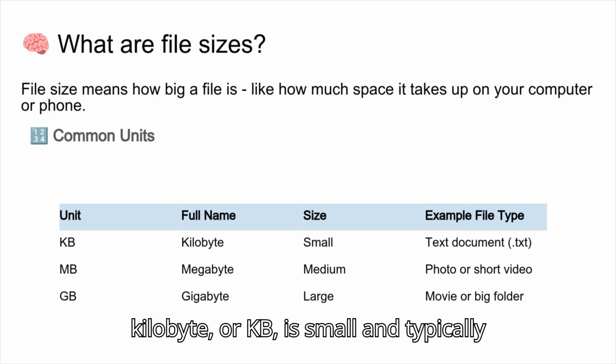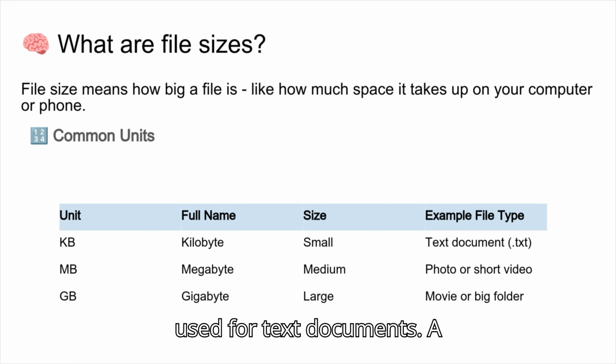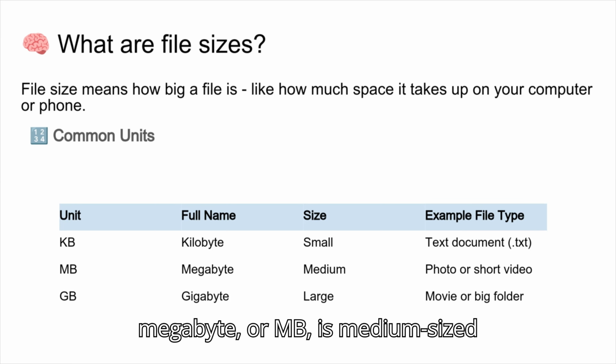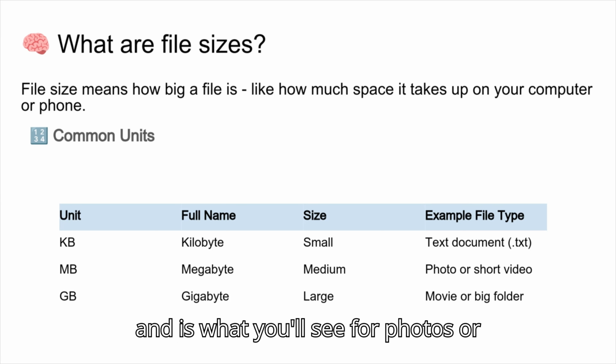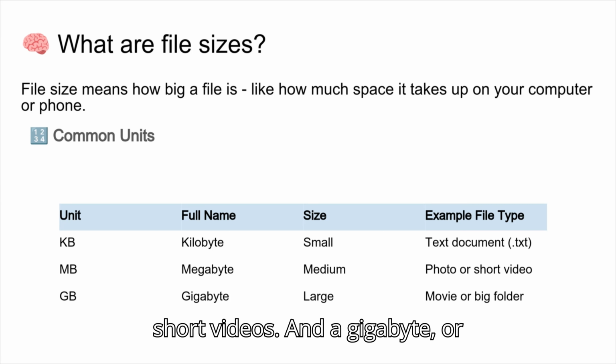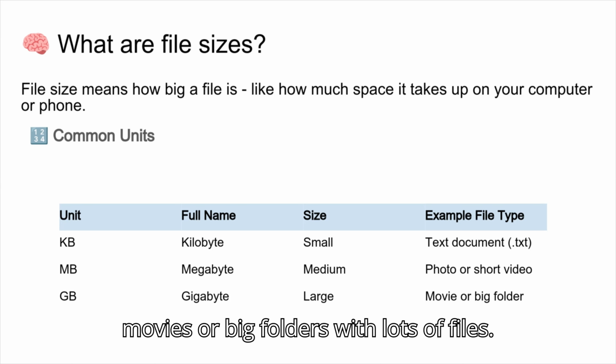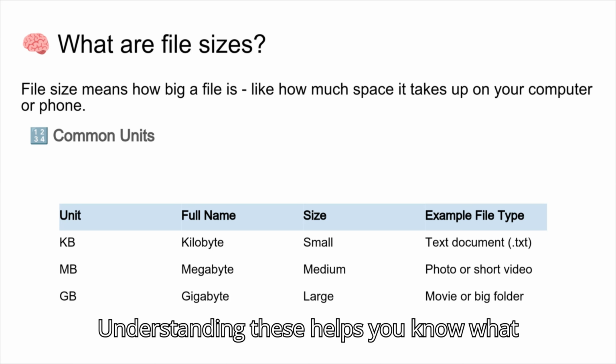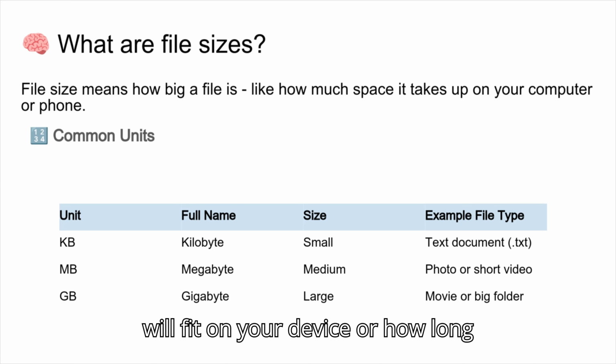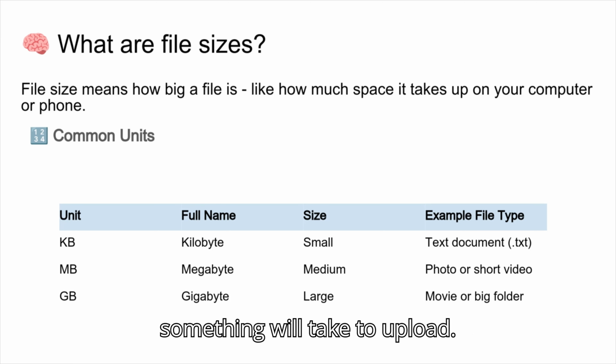A kilobyte, or KB, is small and typically used for text documents. A megabyte, or MB, is medium-sized and is what you'll see for photos or short videos. And a gigabyte, or GB, is large and is used for movies or big folders with lots of files. Understanding these helps you know what will fit on your device or how long something will take to upload.